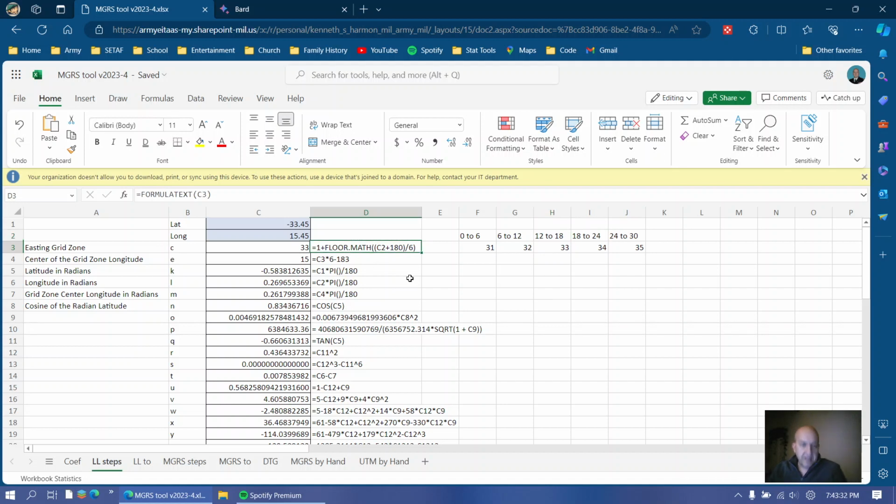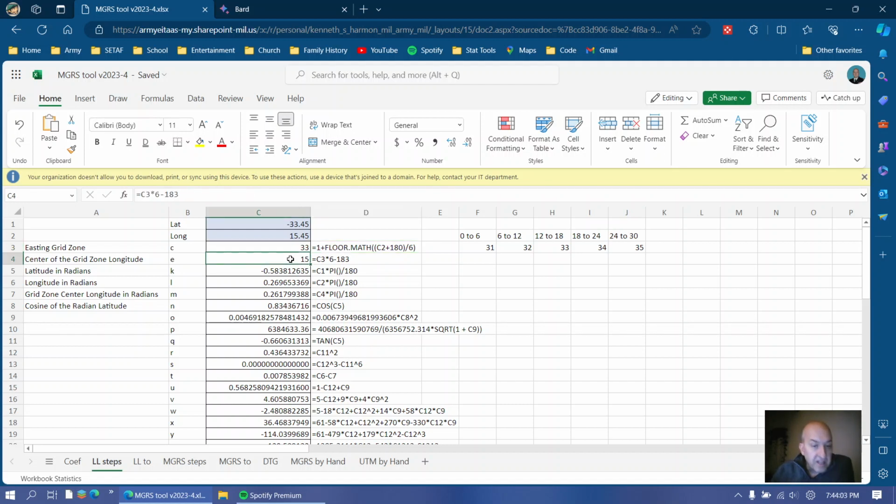So what happens is, to get which grid zone we're in, we take whatever the longitude is at 180 degrees, because that's everything that's on the western hemisphere, and then divide by 6, because 6 degrees for each grid zone, round down to a whole number, and then add 1 to that. So that's how we come up with the grid zone.